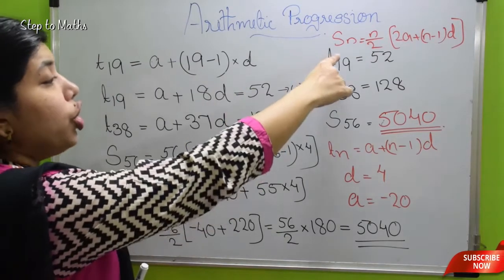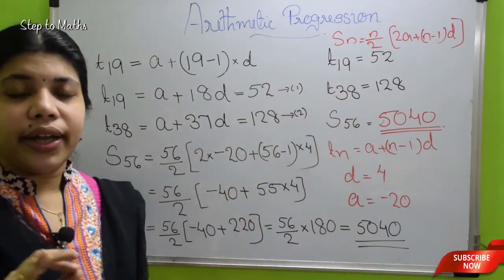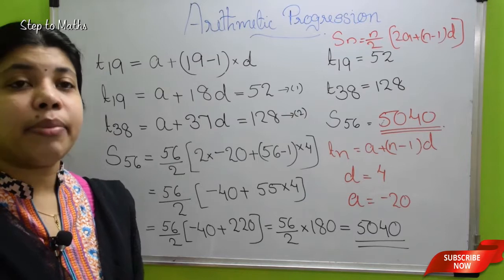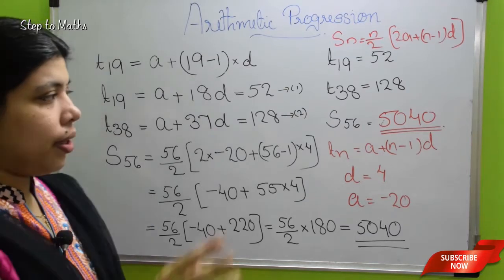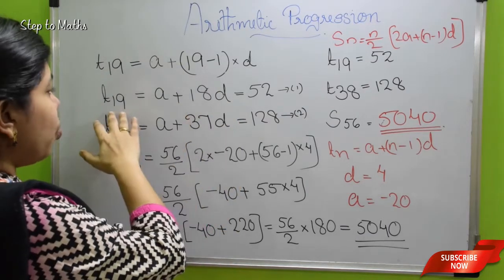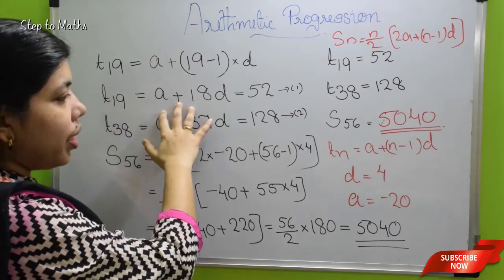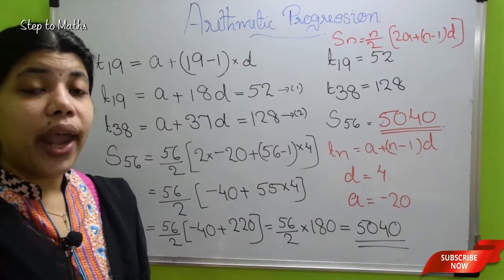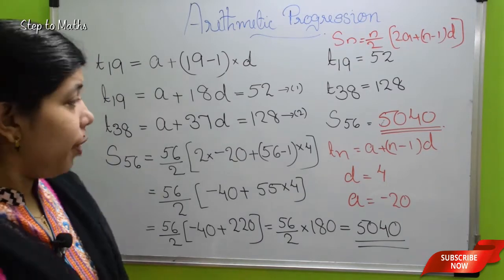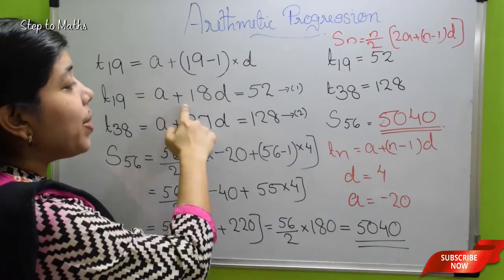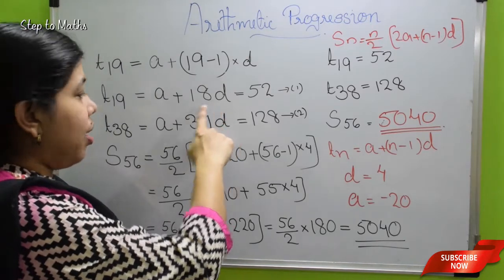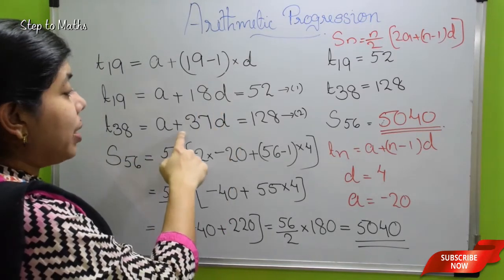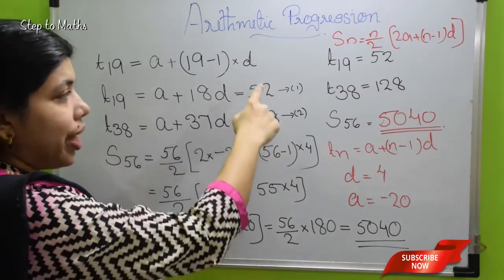Here only two terms were given, the 19th term and the 38th term. We represented them using the equation Tn is equal to a plus n minus 1 into d: the 19th term is a plus 18d and the 38th term is a plus 37d, and their values are given.